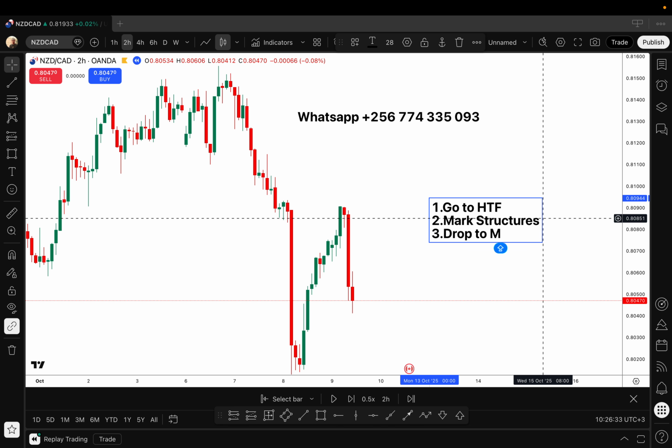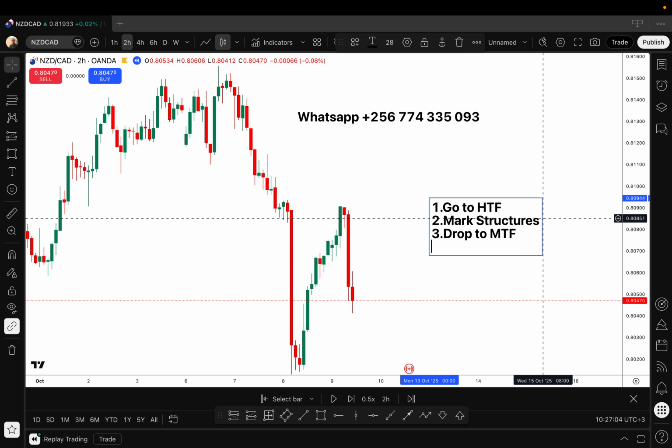The only time you drop to the medium time frame is if you have done everything on the highest time frame and you have gotten confirmations to go down to your medium time frame and now try to look for more confirmations to come down to entry time frame and execute your trades. All these rules align in a structural format. When you get a trade, it's going to be a high probability trade, one that is bound to work out because you have followed the step by step to the core.